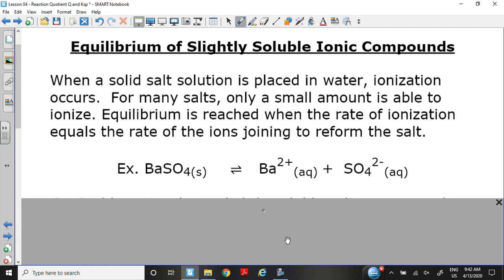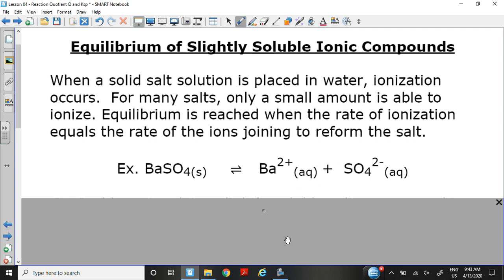So when a solid is placed in water, we know ionization can occur. So that means some of the ions are going to break apart from the compound. For many salts, though, many ionic compounds, only a little bit can actually ionize. And for those ones, an equilibrium system is established.